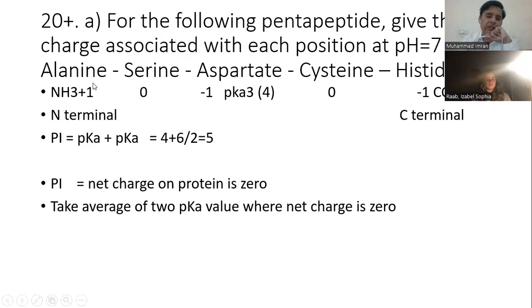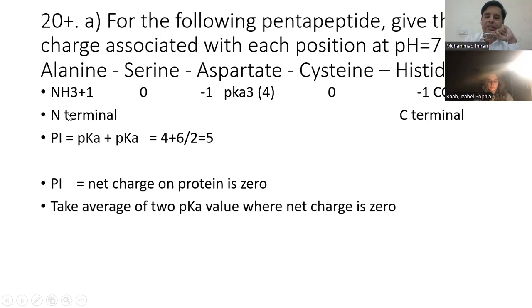So during protein formation, we have two termini. One is the C terminal, which ends at the carboxylic end, and the other is the N terminal, which starts with the amino group. So all proteins have two ends. One is the N terminal, which is the starting point, and the other is the C terminal, which is the end point.